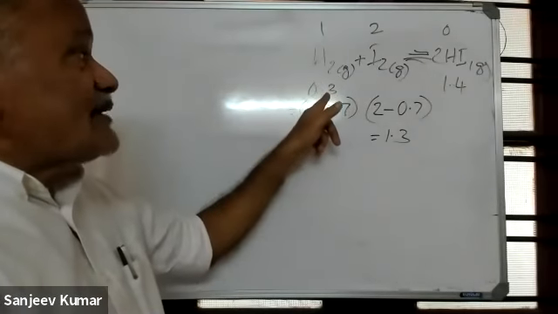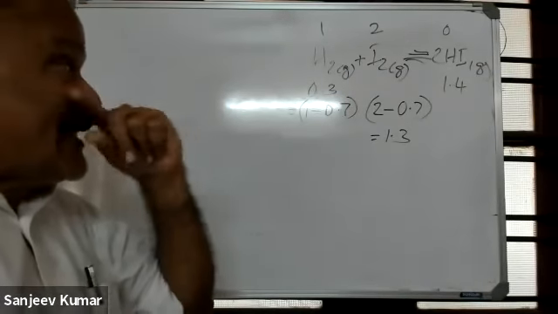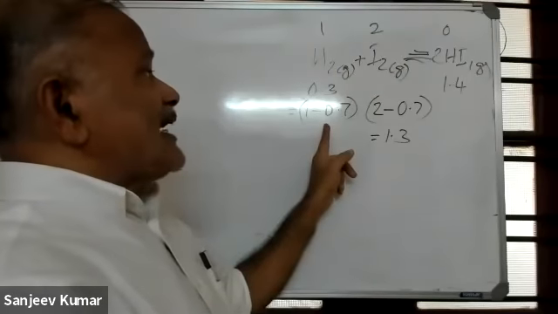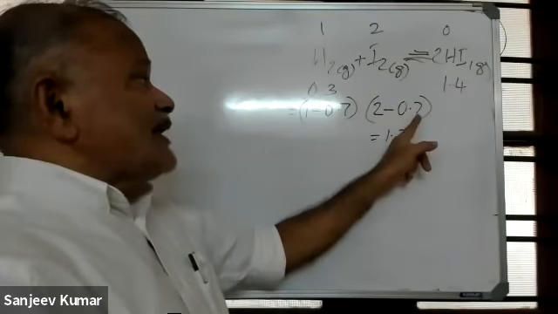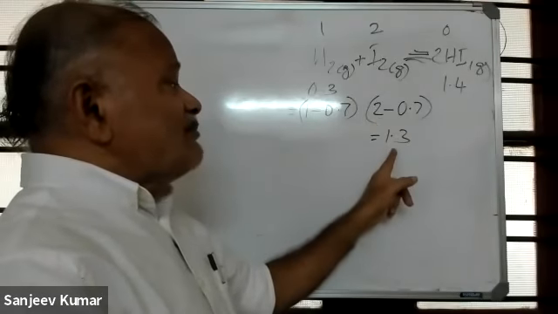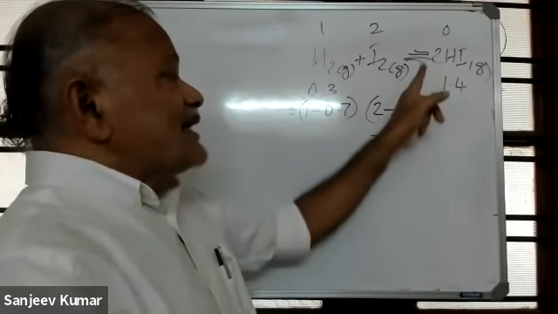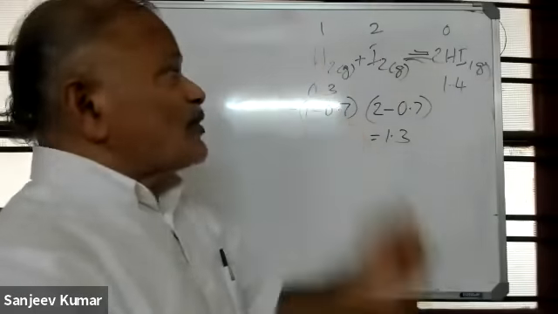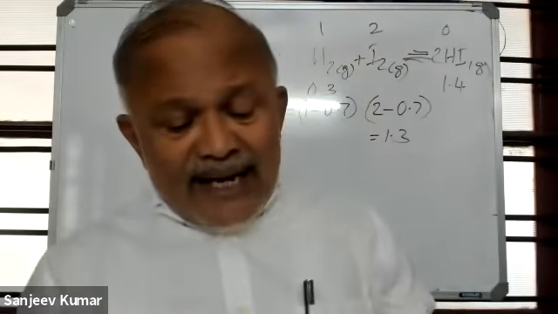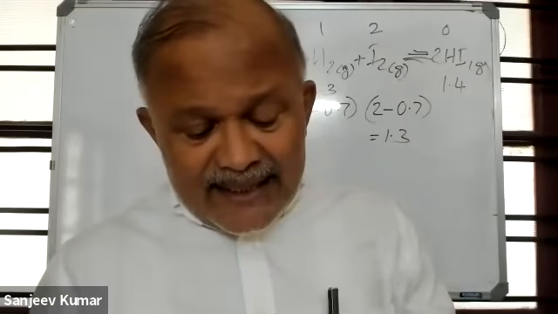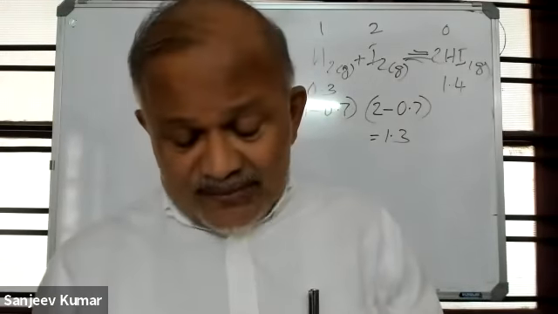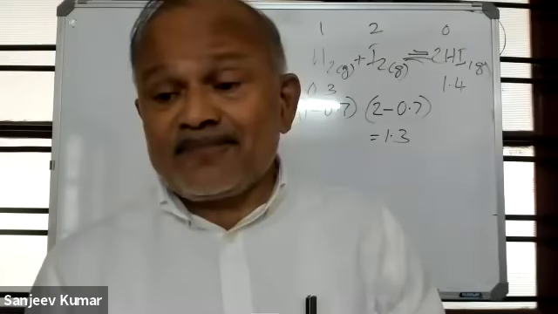Therefore, at equilibrium there is only 0.3 mole of hydrogen, and out of 2 moles of iodine, 0.7 mole reacts, so 1.3 mole of iodine remains at equilibrium, and it gives rise to 1.4 mole of hydrogen iodide. Therefore, the equilibrium concentrations of iodine and hydrogen iodide are respectively 1.3 and 1.4. The answer is C.